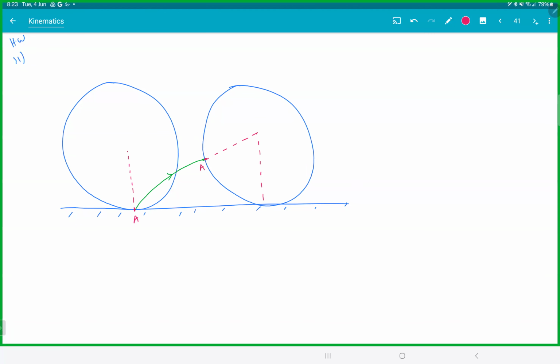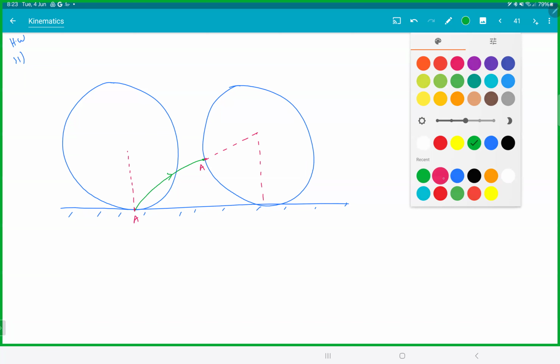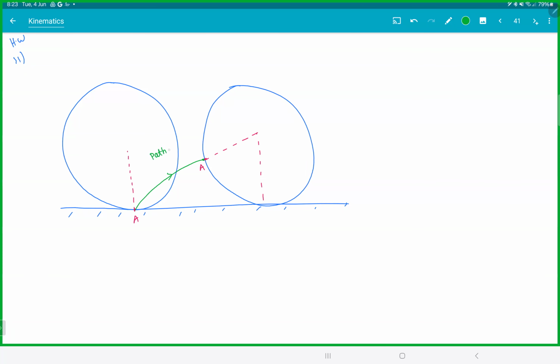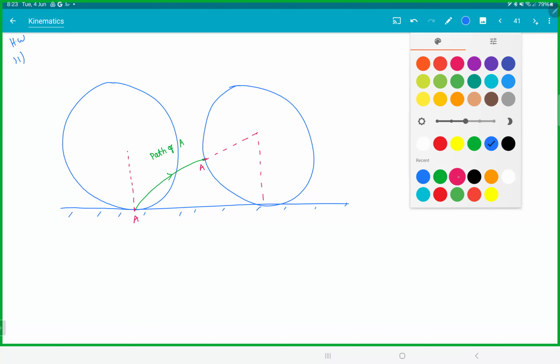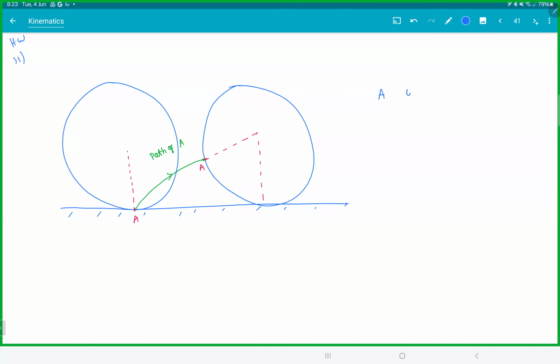The point A reaches here. So basically, a wheel of radius r rolls on a floor without slipping. Find the distance traveled by point A when it rotates by an angle theta. The wheel has completed a rotation theta.